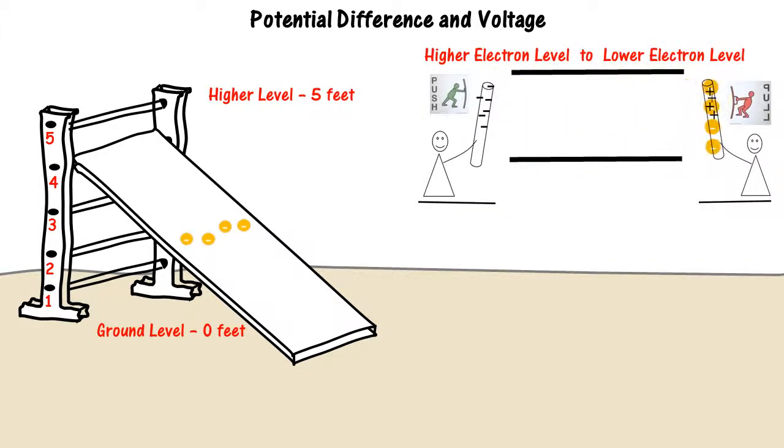Just that for electrons to flow, it does not matter that the incline is there. The wire can be pointed in any direction, and as long as there is a push because of negative charges on the left and there is a pull because of positive charges on the right, the electrons will flow.